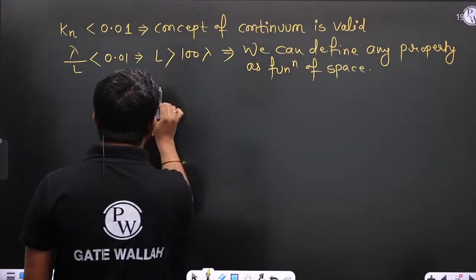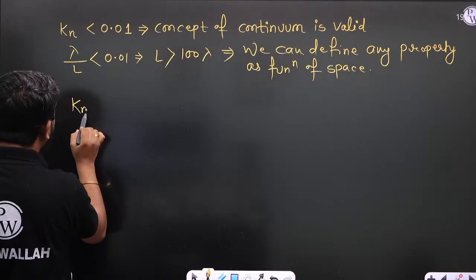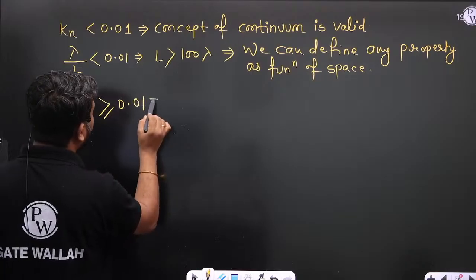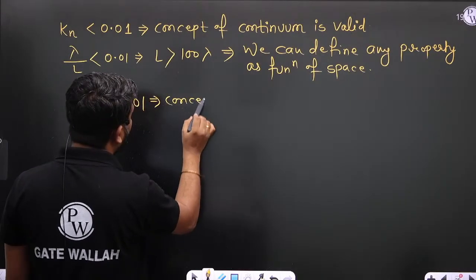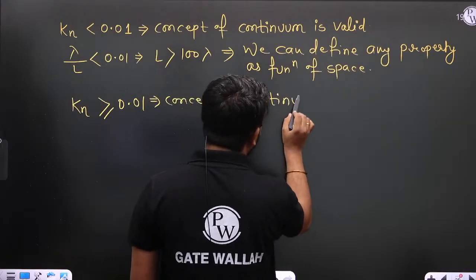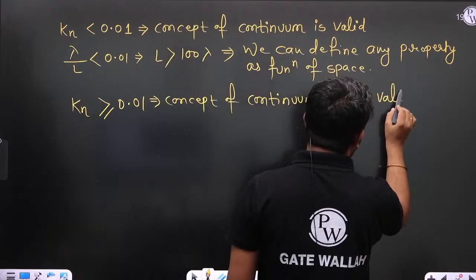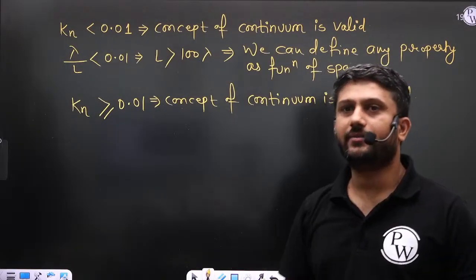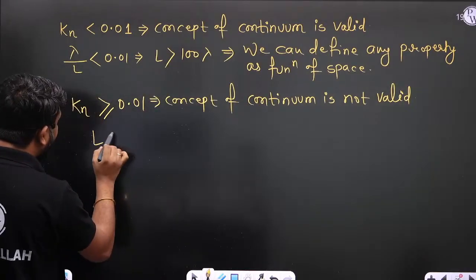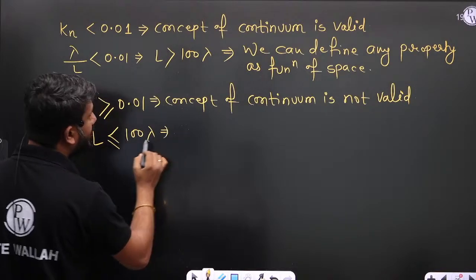But if the Non-continuum number is greater than or equal to 0.01, then the concept of continuum is not valid. That means L is less than 100 times lambda.